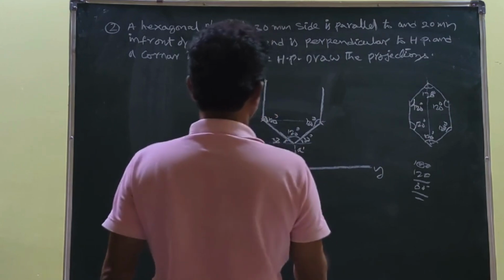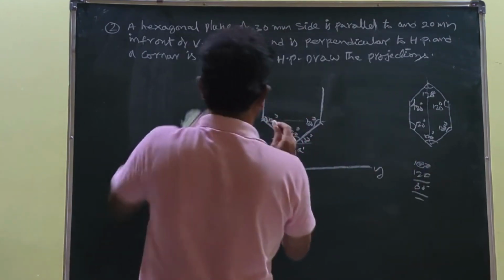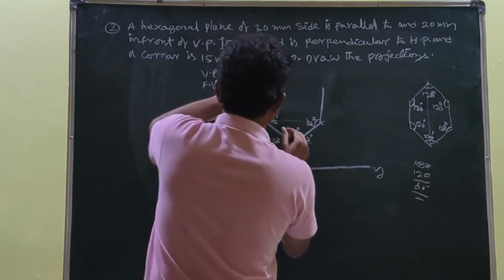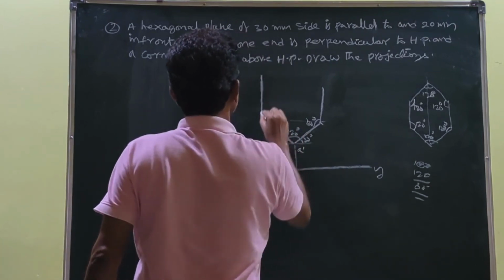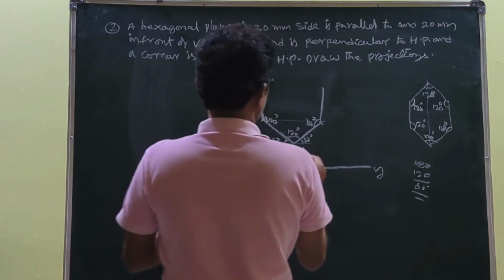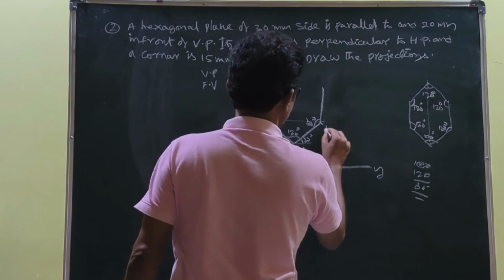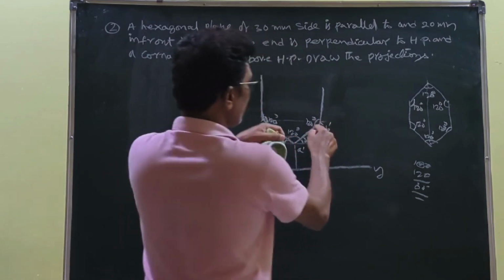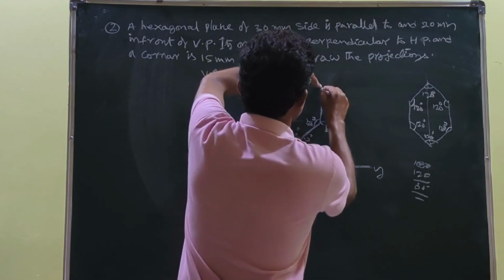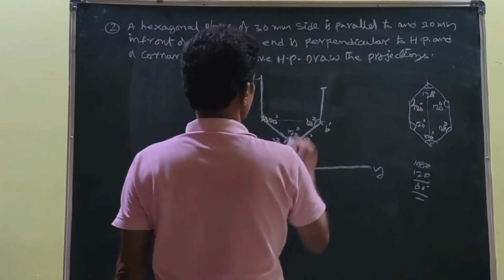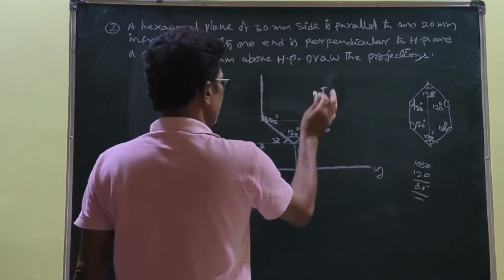Again, you name it: this is B dash. With B dash as center and 30 as radius, you cut it. All sides of a regular hexagon are the same.